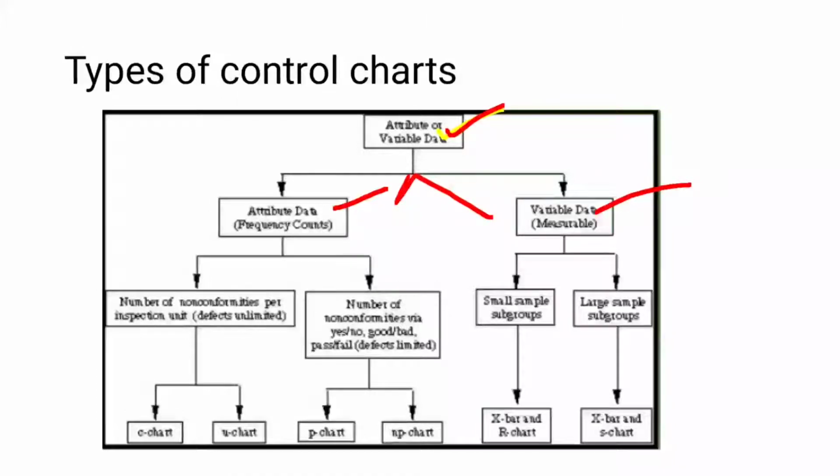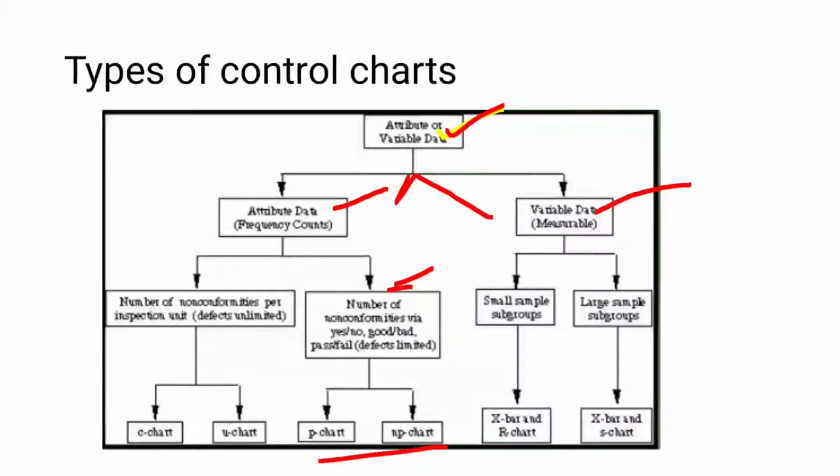Then the attribute data is divided into two types. One is the number of defects per inspection unit, and the other is where the information is yes or no, good or bad, pass or fail. If there is just a choice of good or bad, true or false, then one type of chart is used.